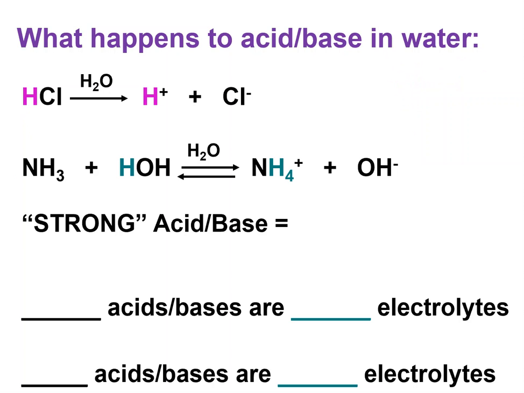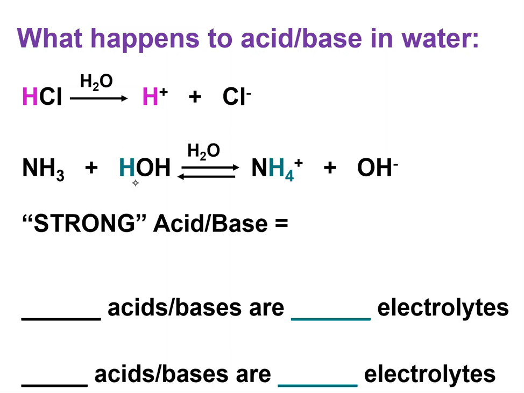This second one is an interesting case because it is a base. Most bases are hydroxides. The strong bases are hydroxides like potassium hydroxide, calcium hydroxide. But this one is a base because it's a proton acceptor.